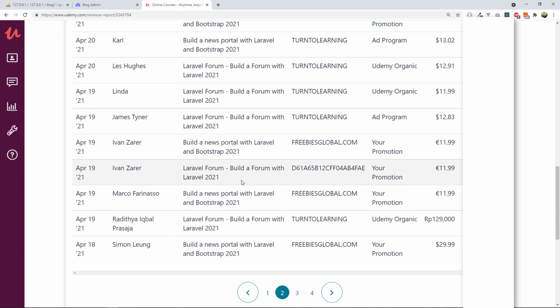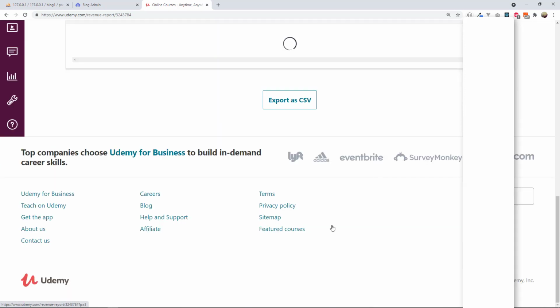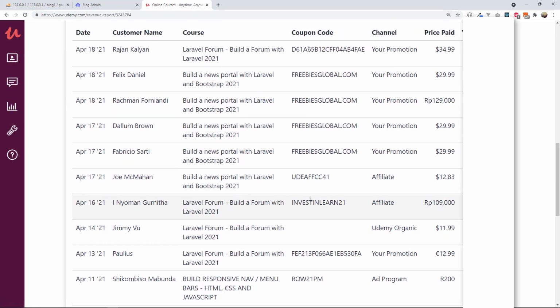And then on the 18th, let me move to the next page. I had 4 sales on the 18th of April.